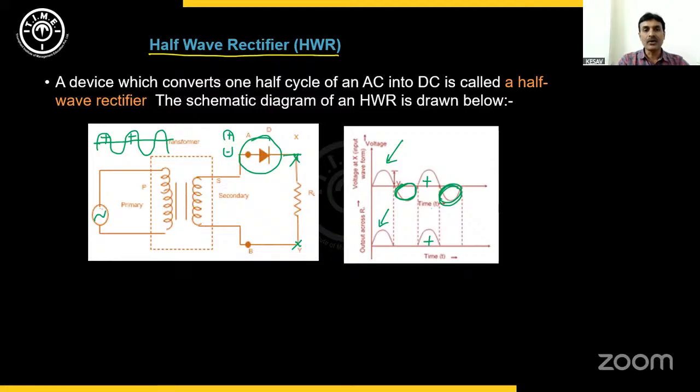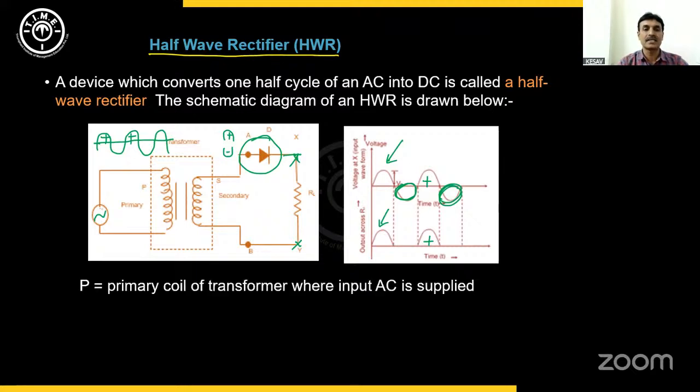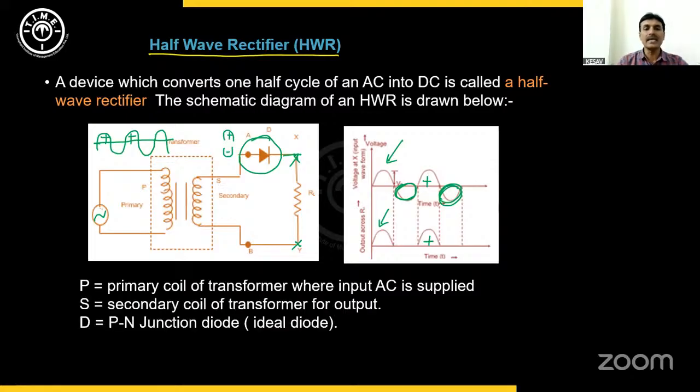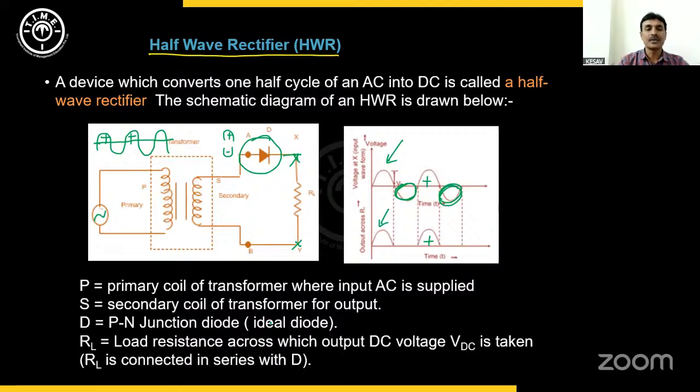Now coming to the parts of this circuit diagram, P stands for the primary of the transformer, S stands for the secondary of the transformer, D represents the PN junction diode. RL is the load resistance across which output DC voltage is taken.